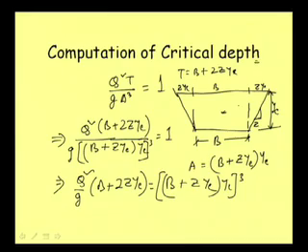Of course, some approximate solutions have been derived for this purpose also. For simple cases like rectangular and triangular, we need to see whether we should go for trial and error or whether we have a direct solution. All those we will discuss in the next class in more detail.